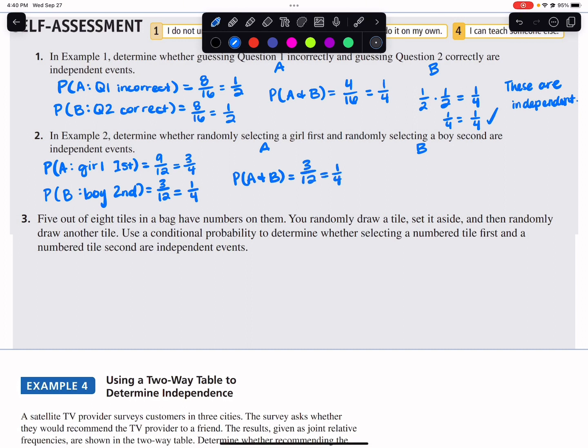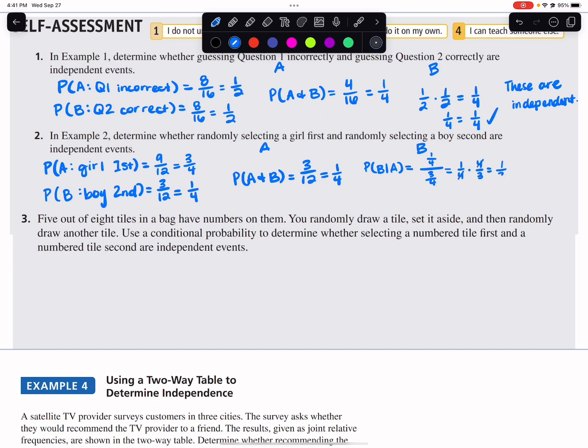For this one, I'm going to use the conditional probability. So P of B given A, that's my P of A and B, 1 over 4, divided by my P of A, 3 over 4. Keep change flip, so 1 over 4 times 4 over 3.